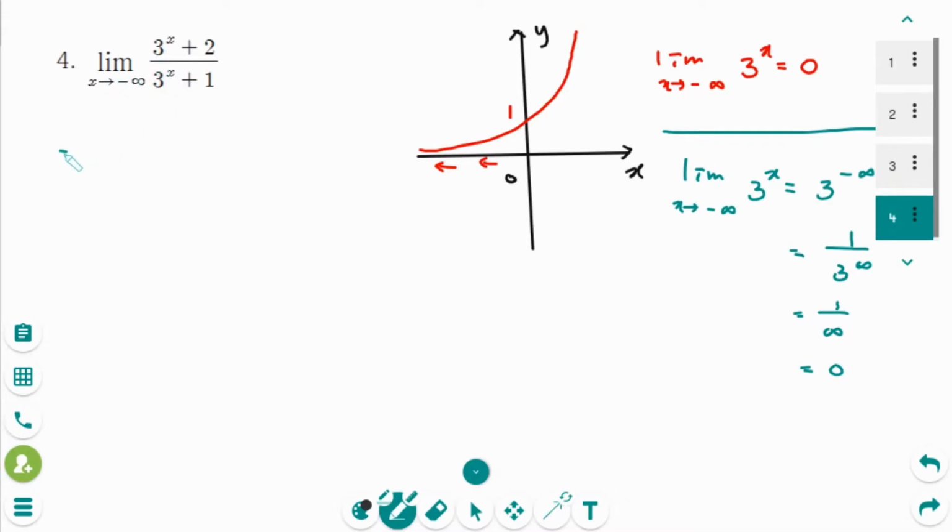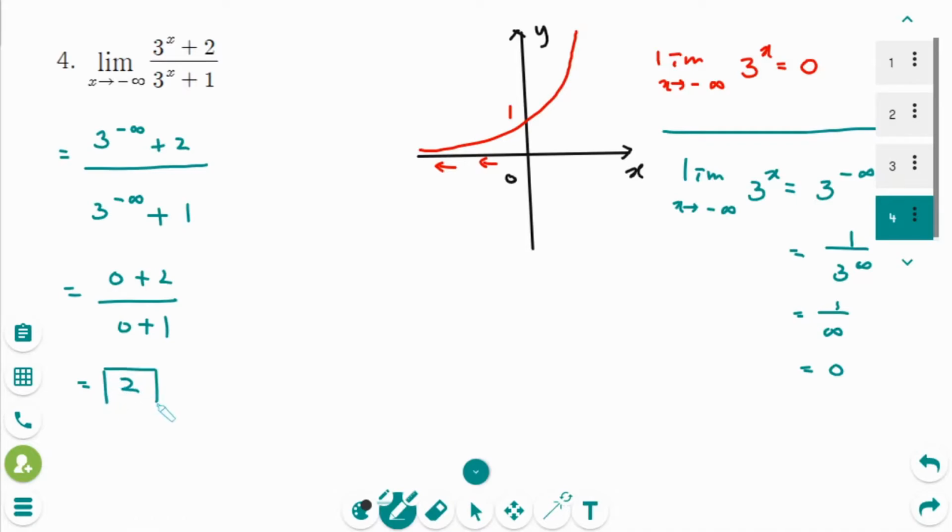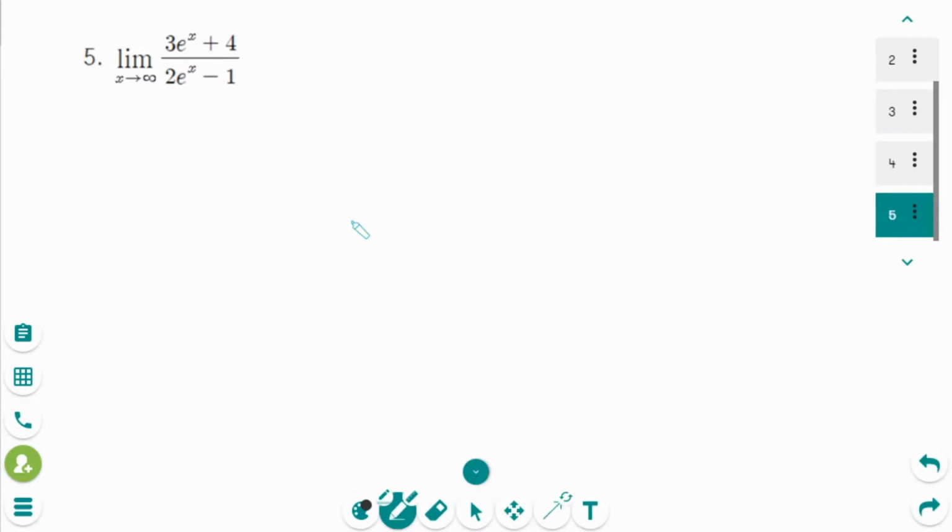So 3 to the power of minus infinity plus 2 over, same thing. This one is 0. So 0 plus 2 over 0 plus 1. So 2 over 1. The answer is 2.